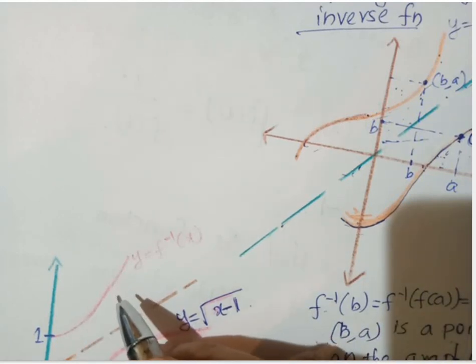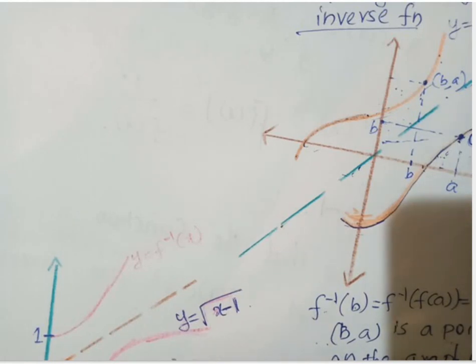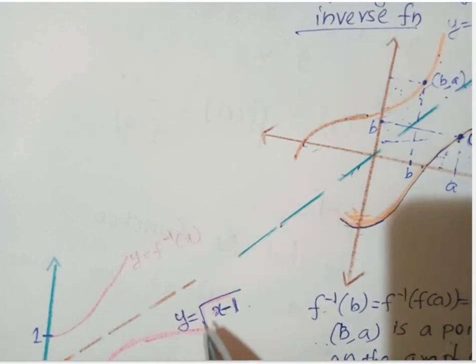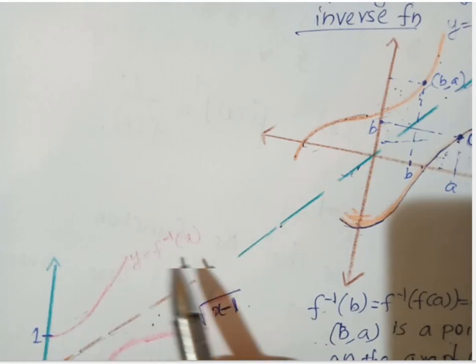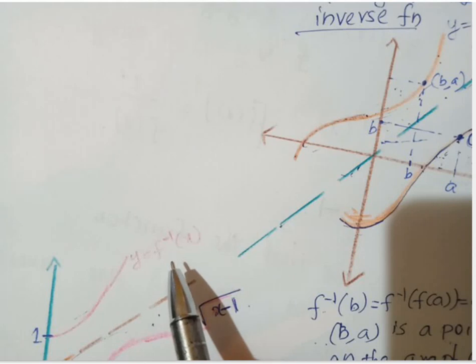You can find the inverse through reflection, without finding the inverse through any pen work, you can find the graph through reflection. So this is the graph of y equal to root x minus 1. Then take the reflection, and this will be the graph of y equal to f inverse x.